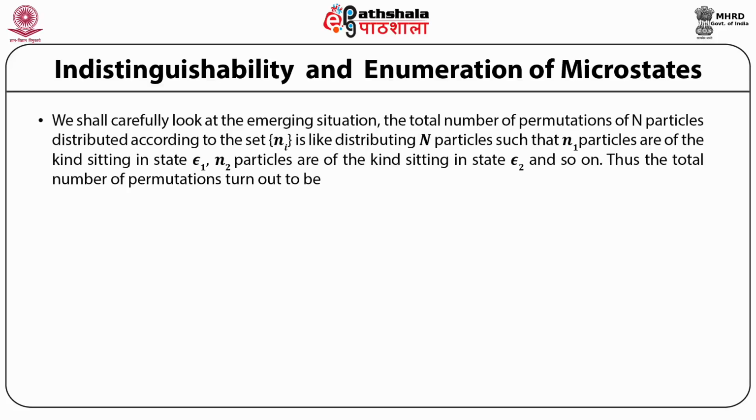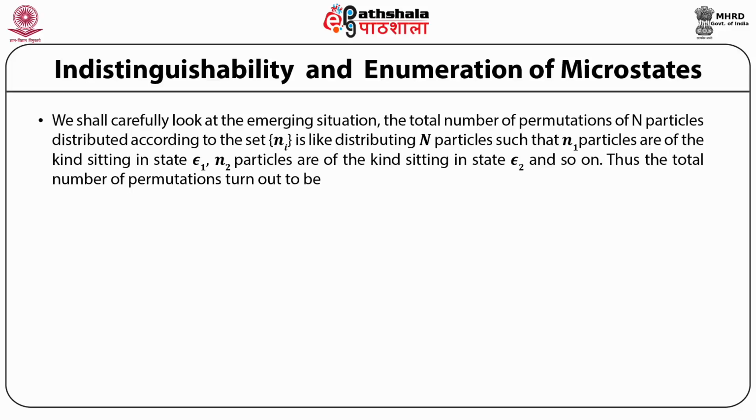The total number of permutations of N particles distributed according to the set Ni is like distributing N particles such that N1 particles are of the kind sitting in state epsilon 1, N2 particles are of the kind sitting in state epsilon 2 and so on.